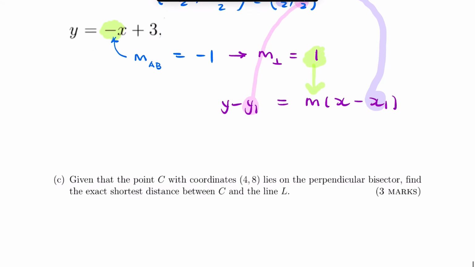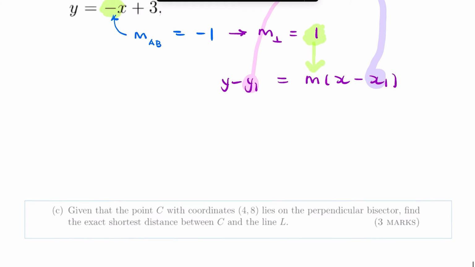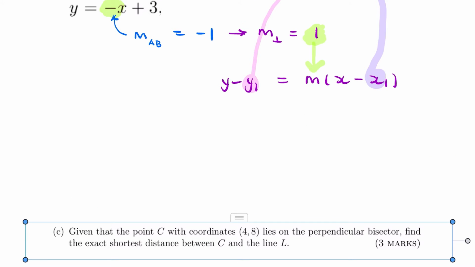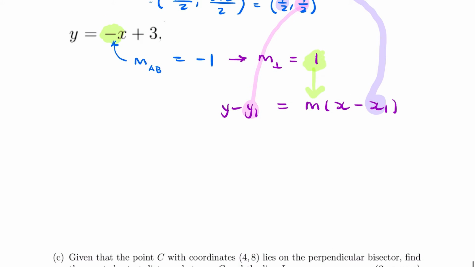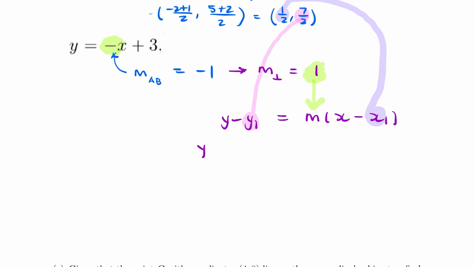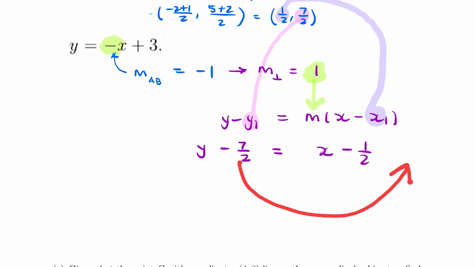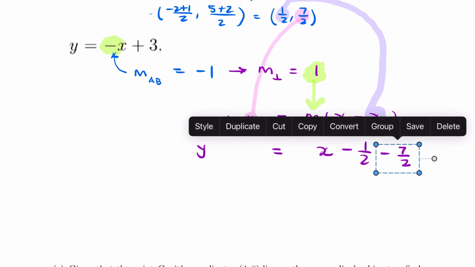And then you just write this out as y minus 7 over 2 equals 1 times x minus 1 over 2. Now there's no point in writing 1 times anything, so I'm going to remove that. The brackets are unnecessary. And I can move that to the other side. So that becomes positive.